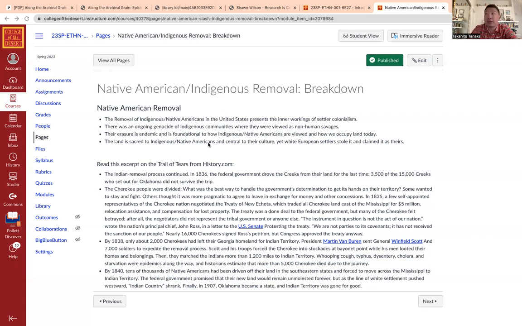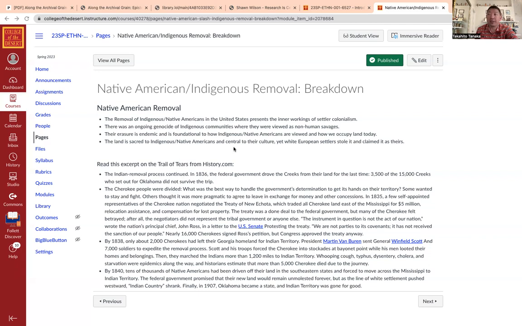Now, for the indigenous or Native Americans, land is sacred and central to their culture. Yet white European settlers stole it and claimed it as theirs, right? So there's this claim that their land is not necessarily their land, but it is European settlers' land.